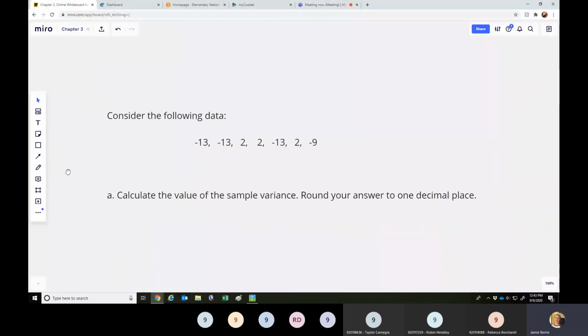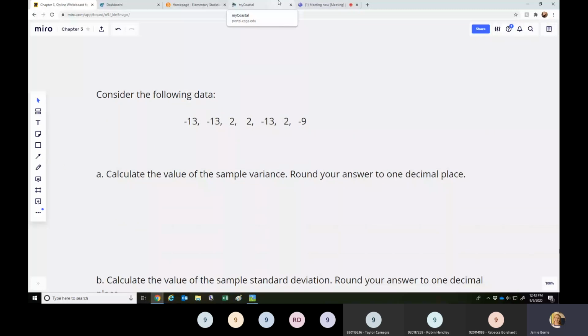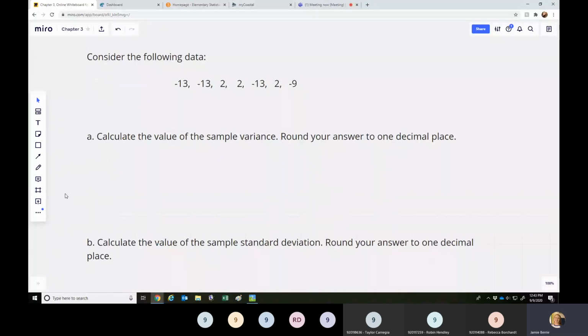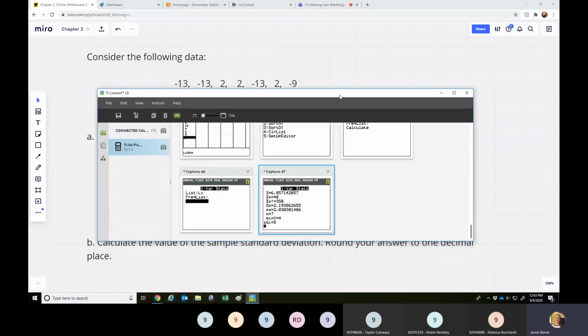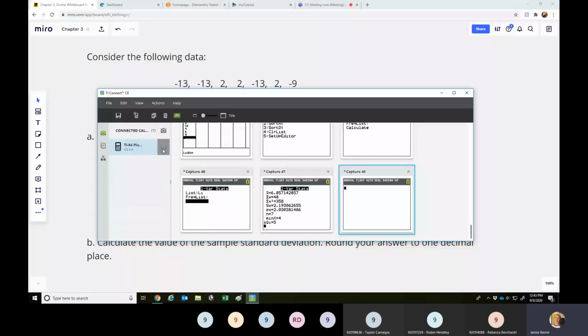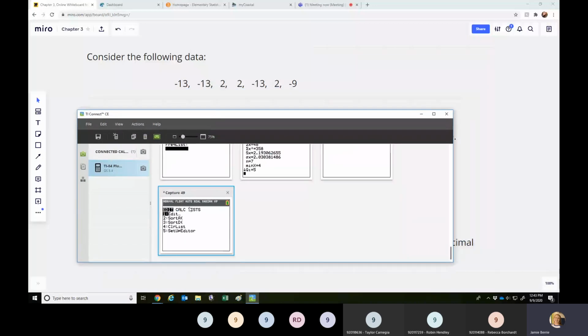Okay, so let's look at this data set. Go back to your calculator, hit the stat button. I'm starting with a cleared out screen. Everything's cleared out. Right now I need to put my data in, so I'm going to go to edit.